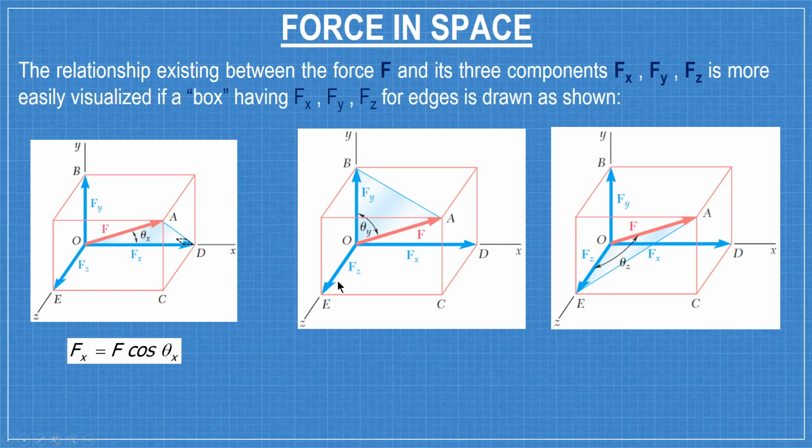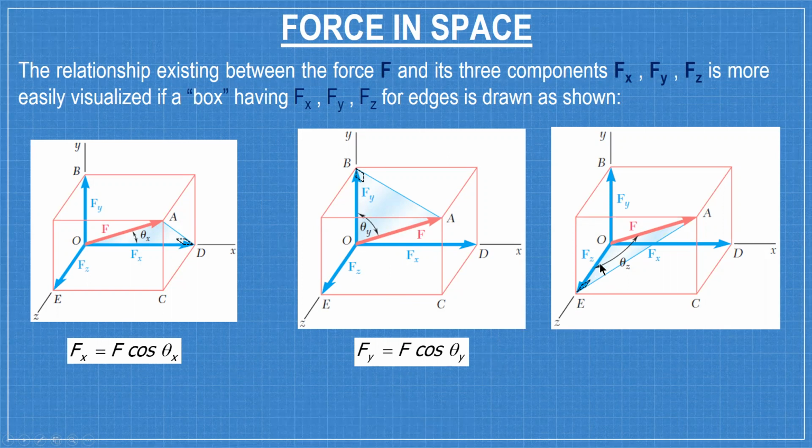We do the same for y. Fy is the adjacent side, EB is the opposite side, and F again is the hypotenuse. There is the right angle, and Fy is equal to F cosine theta y. For this one, there is the 90 degrees.